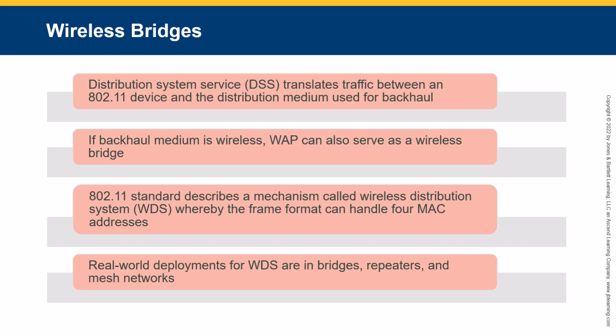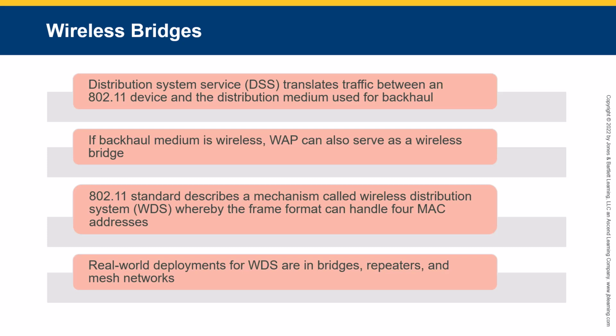802.11 standards will describe the mechanism for the distribution of wireless systems, whereby the frame format can handle 4 different MAC addresses that could be associated with them. So normally when you're looking at an 802.11 frame, you can see 4 MAC addresses. That's part of the wireless distribution system, or WDS.